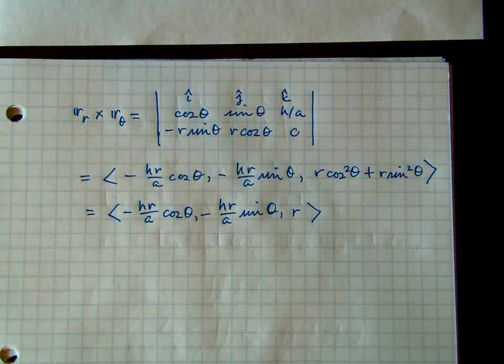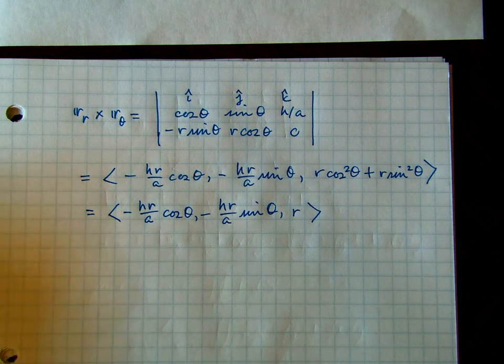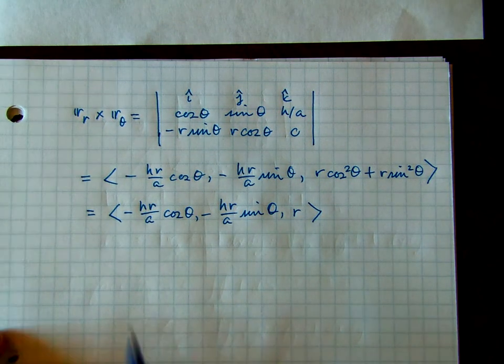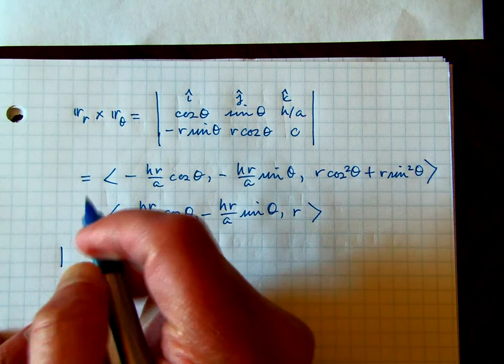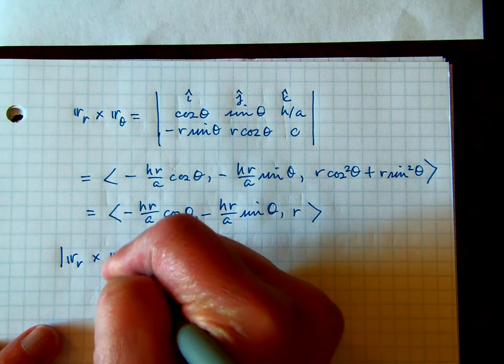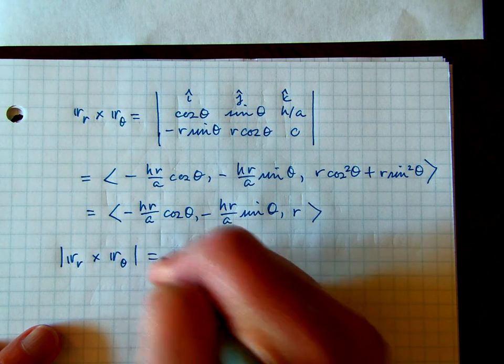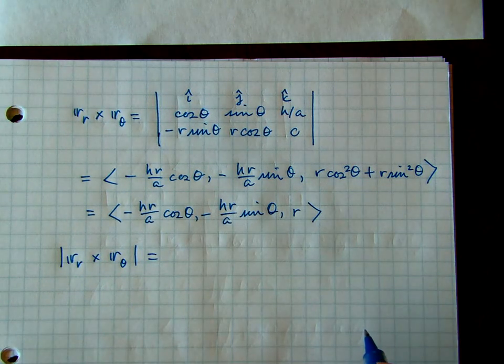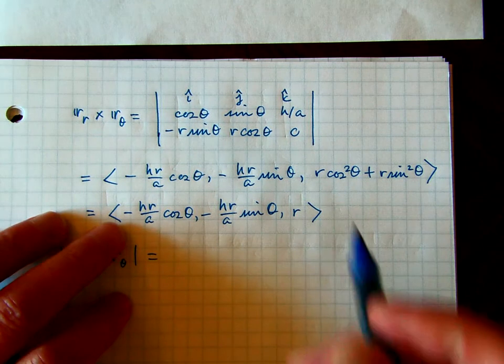Now that we've gotten this far, let's see what's going to happen next. We need to find the magnitude. When we're finding the magnitude, we do a bunch of squaring.